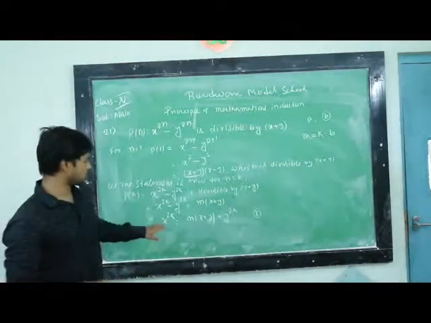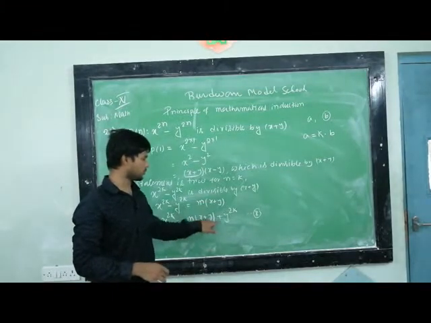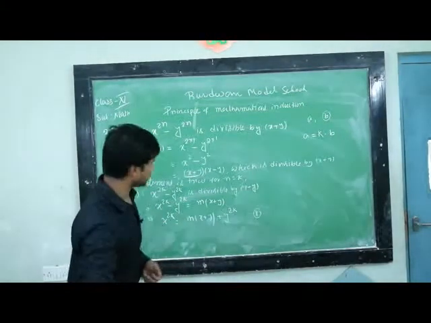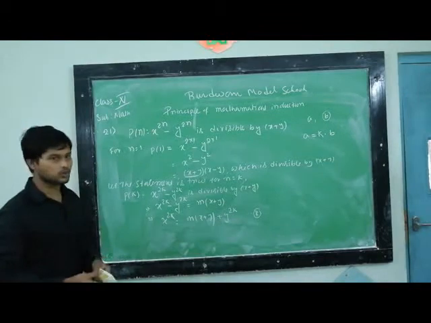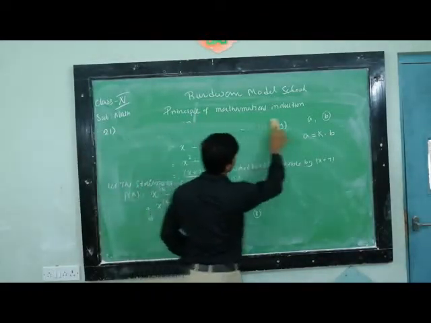So the last result is x to the power 2k is equal to m into (x plus y) plus y to the power 2k. We shall now prove that the statement is true for n equal to k plus 1, means the next value of k.